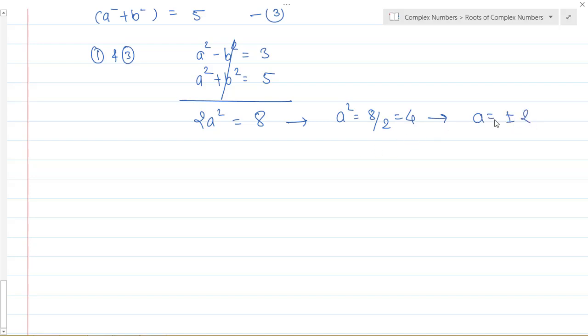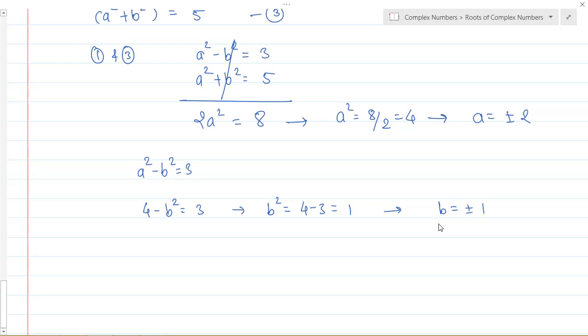For a equal to plus or minus 2, find the value of b. Let's substitute in any one of the equations: a square minus b square is equal to 3. So a square is 4, minus b square is equal to 3, implies b square is equal to 4 minus 3, which is 1, implies b is equal to plus or minus 1.